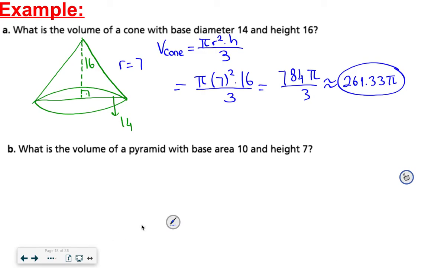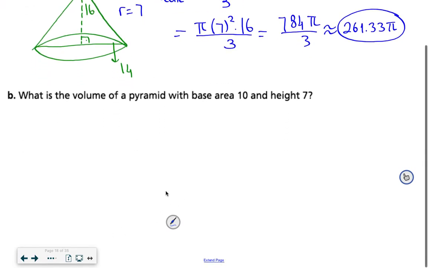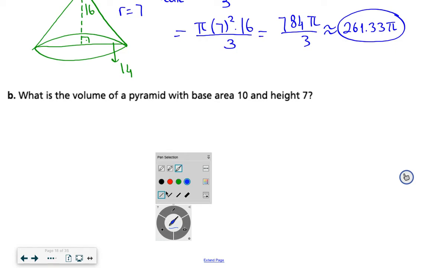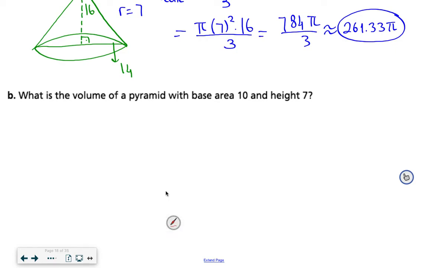Next, what is the volume of the pyramid, with the base area 10 and height 7? First of all, let me draw the pyramid for you. This is the pyramid.